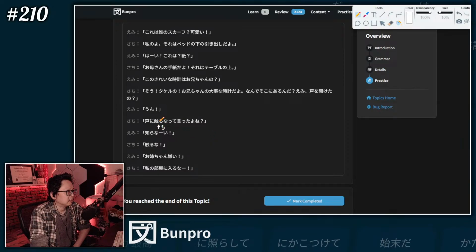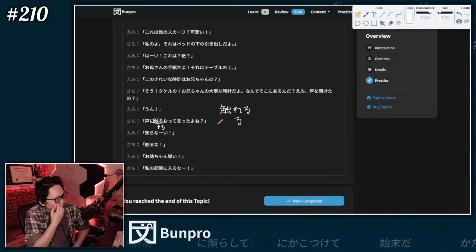This is sawaru. Sawaru is when it's written like this. So reru, right? Reru, and then this is sawaru. So I don't know about that, unless I'm missing something with this ending.